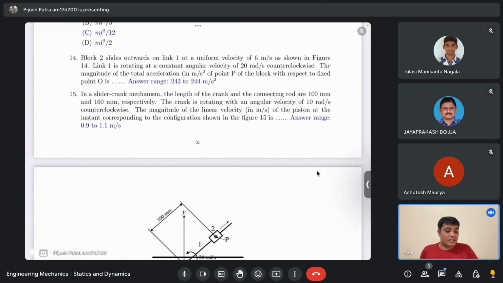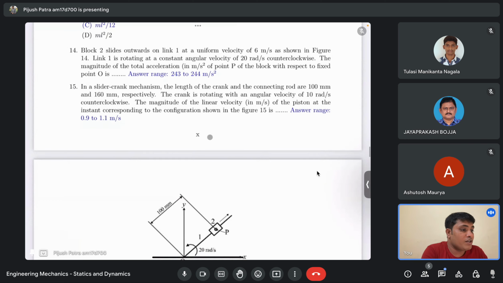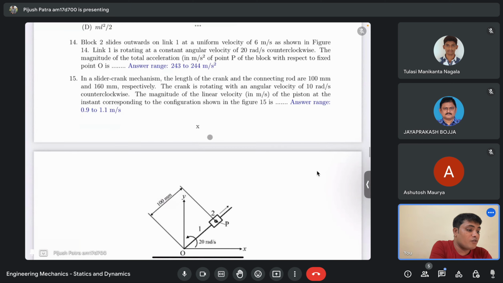See, I am just discussing this concept because this might help you in the end sem. Okay. So now you tell me, can anyone see what the problem means? Question number 14. Are you able to see the full screen with the figure, right?